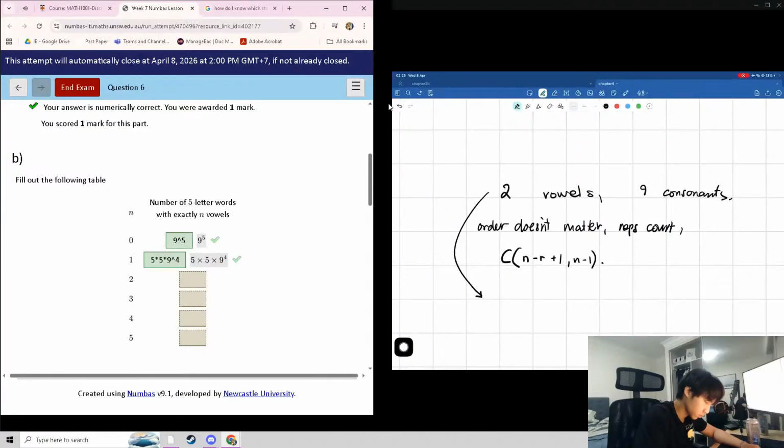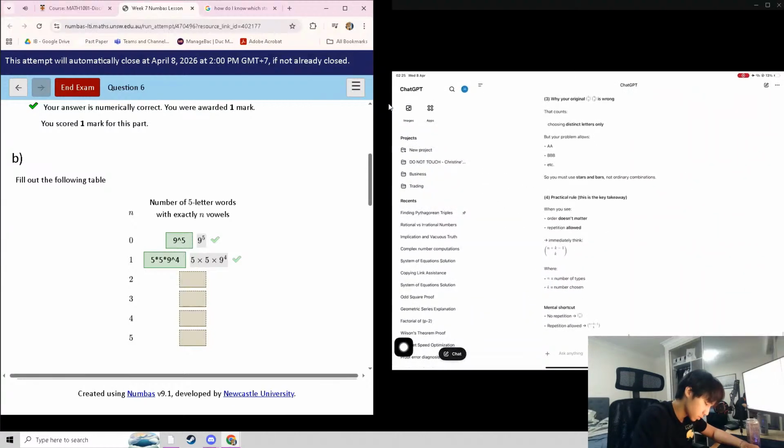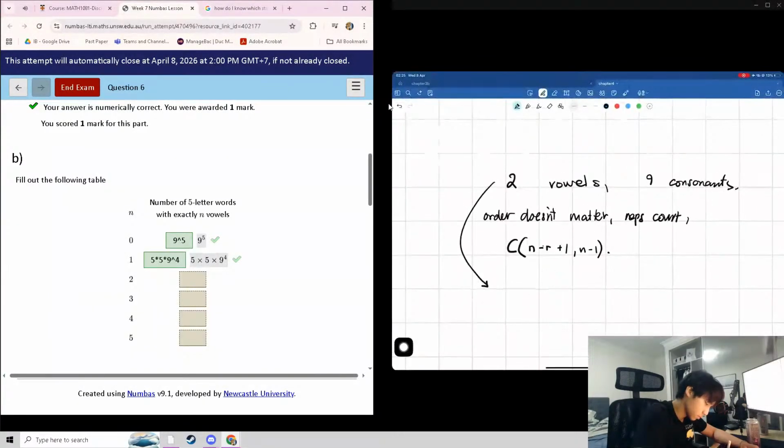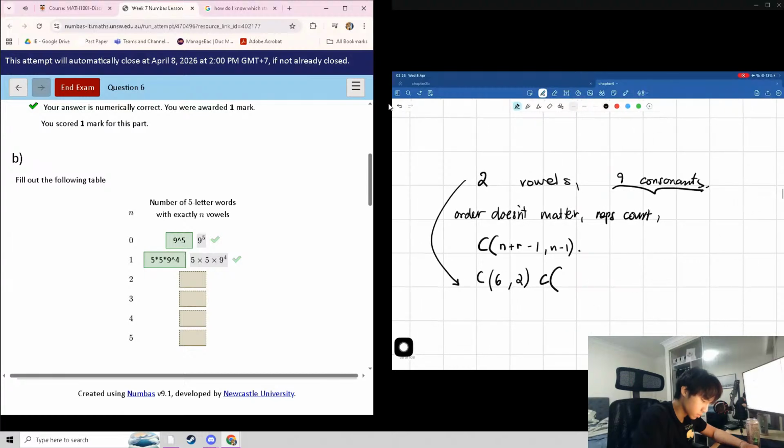I don't even get it anymore. 2. 9 consonants. 4 vowels. 2 groups of vowels. 2 vowels, exactly.